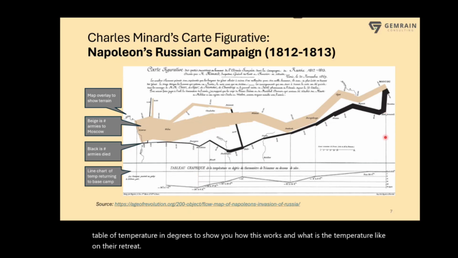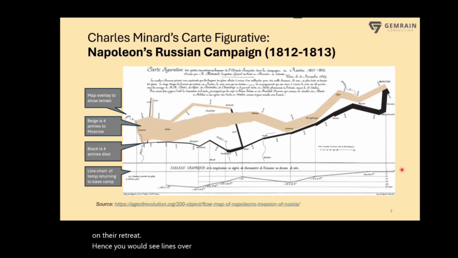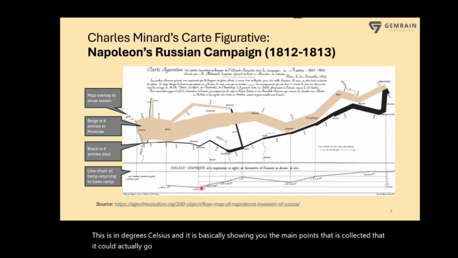Hence, you see lines over here. This is in degrees Celsius, and it shows the main points collected, that it could actually go below -30 degrees. Imagine just how cold it is, right?